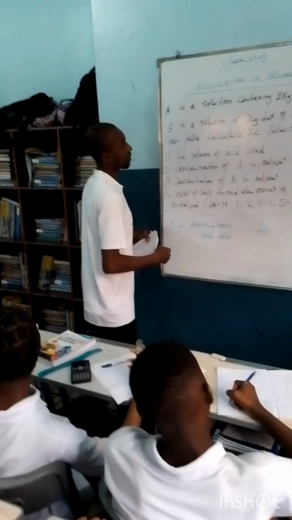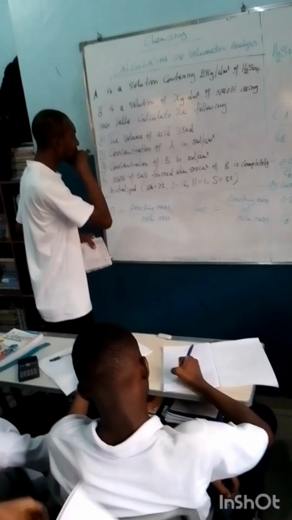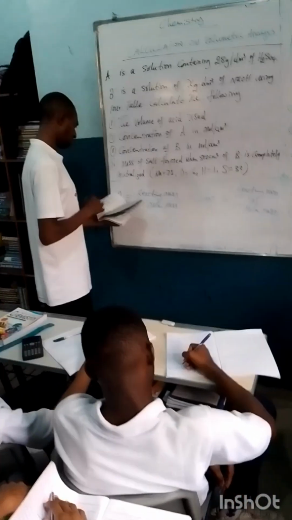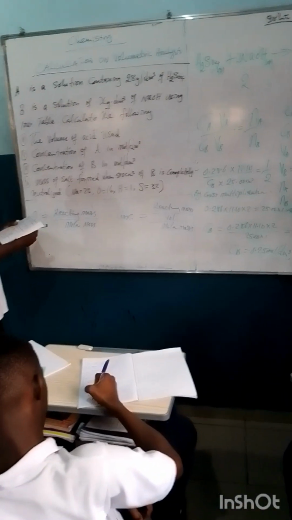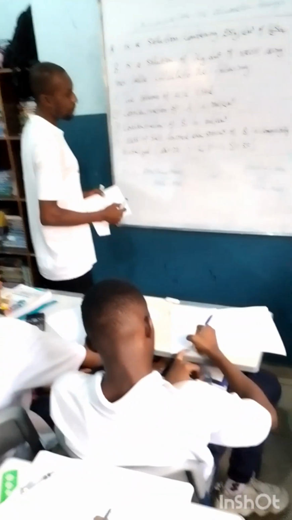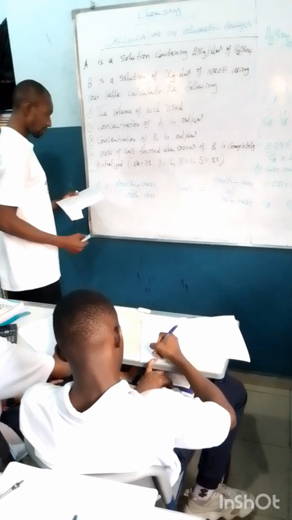So if we have this, and we have the concentration of B, we don't know the reacting mass of B, but we know the volume given to us.